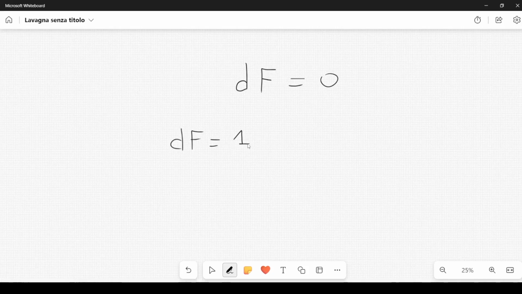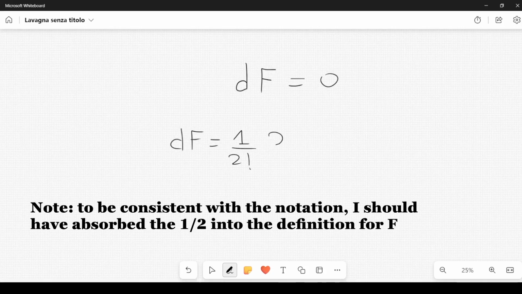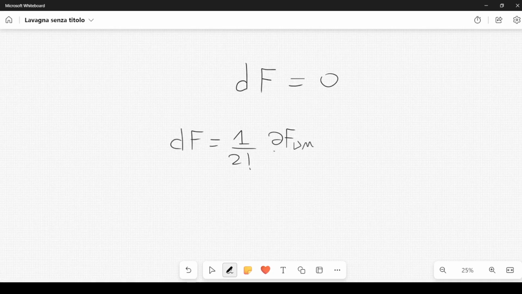This can be written as 1 over 2 factorial, because we have a 2 form, so remember that we also have this factor. Then we take the partial derivative of F nu mu with respect to x gamma, dx gamma wedge dx nu wedge dx mu, and we know that this is equal to 0.